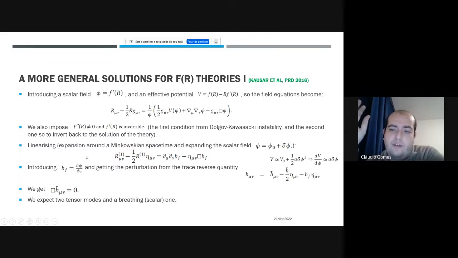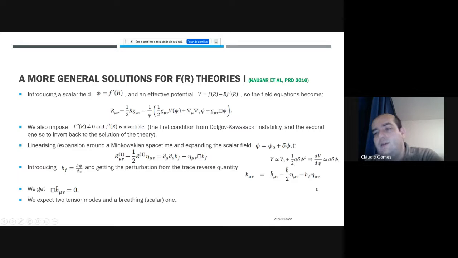So firstly, let us linearize these field equations. We expand around Minkowski space-time, and we also expand the scalar field around a constant background value. By doing that, we end up with this linearized version of the field equations. We have also expanded the effective potential accordingly.